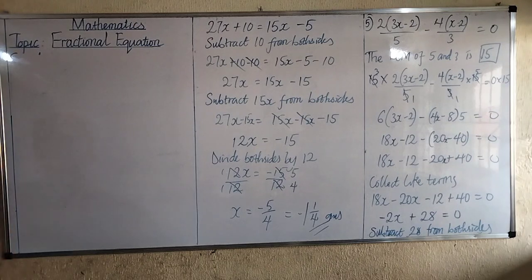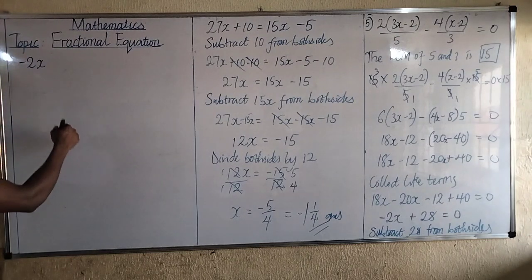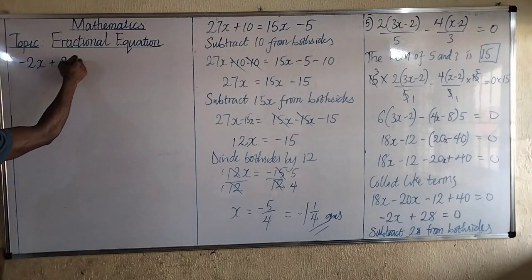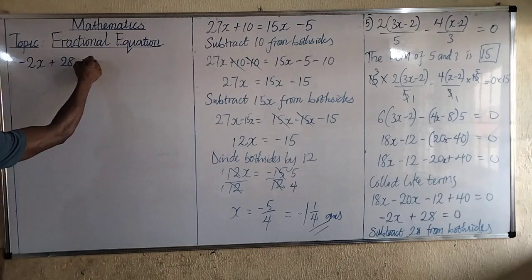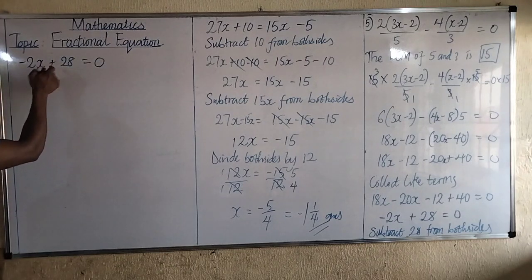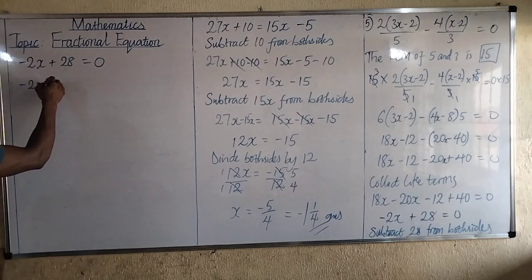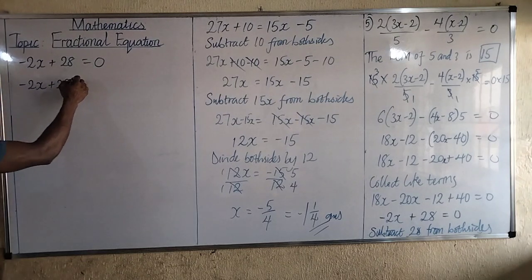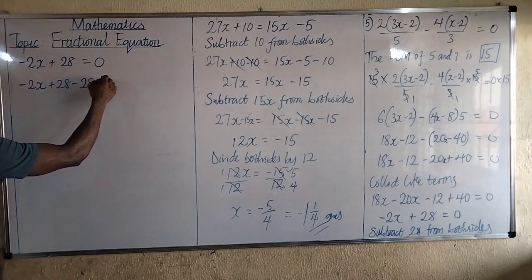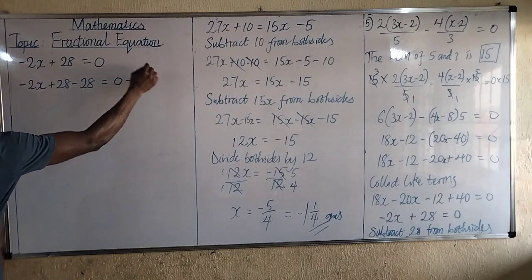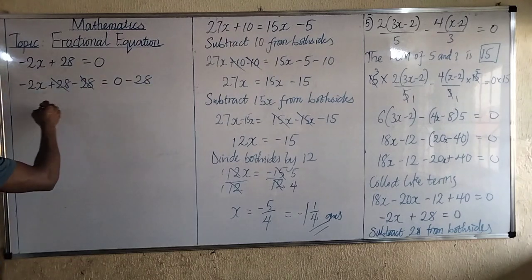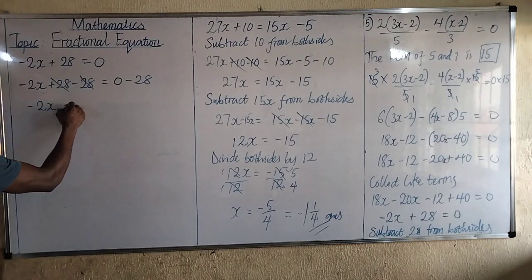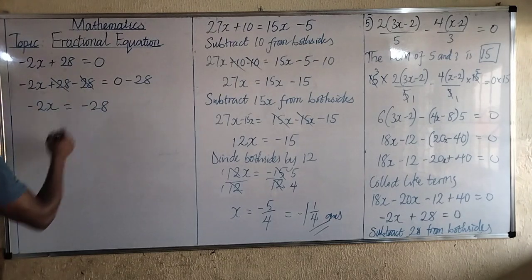So let's see what it gives. Remember that we have negative 2x plus 28 equal to 0. So we are subtracting 28 from both sides: negative 2x plus 28 minus 28 equal to 0 minus 28. These two go, we have negative 2x equal to negative 28.